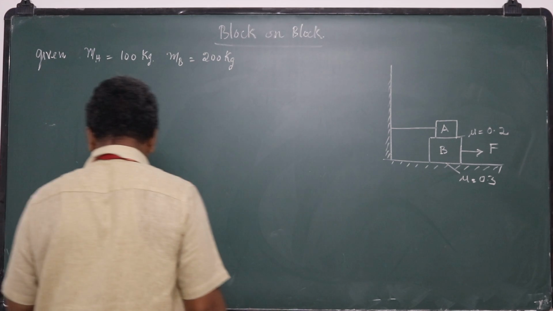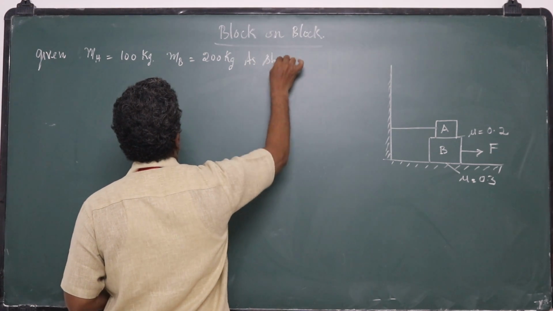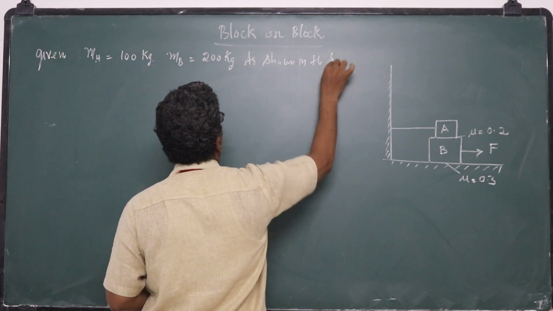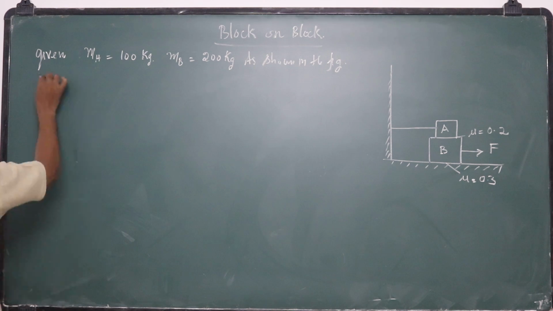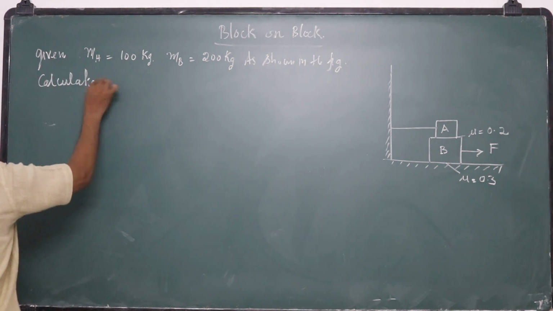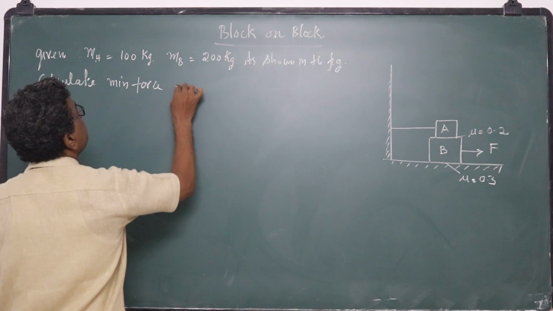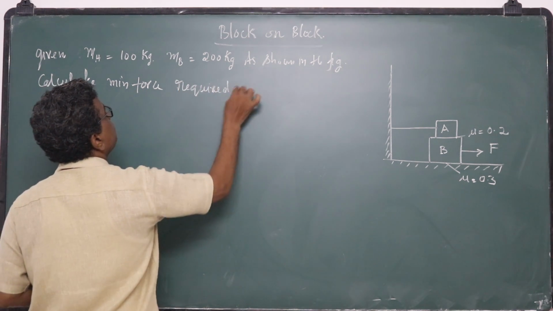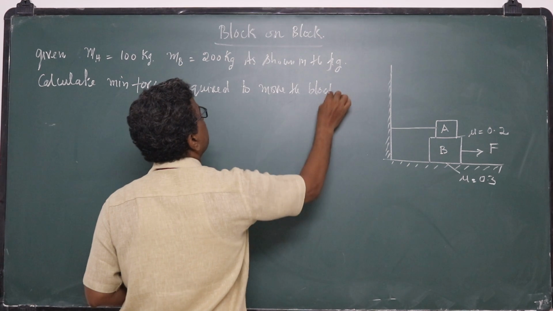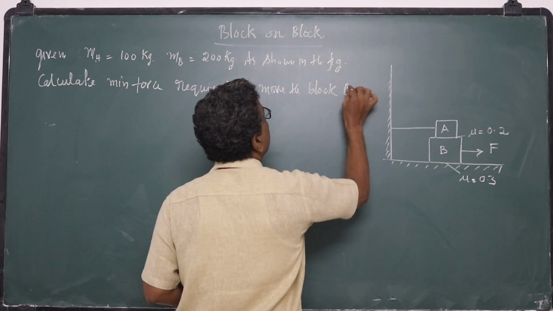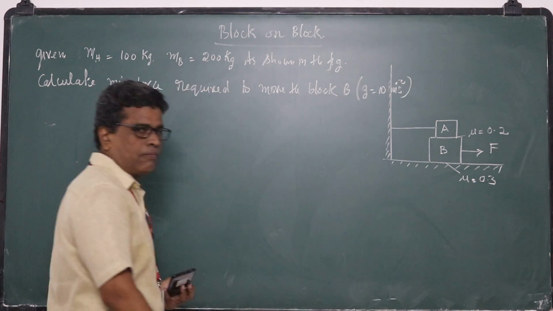Then calculate the minimum force required to move the block B. Take g as 10 meter per second squared.